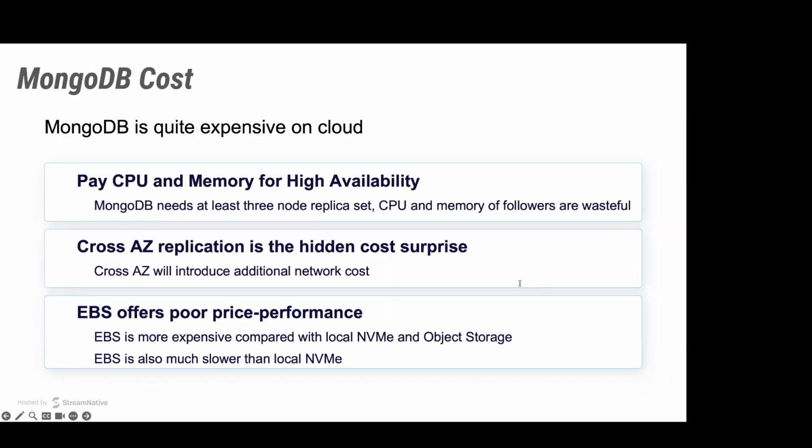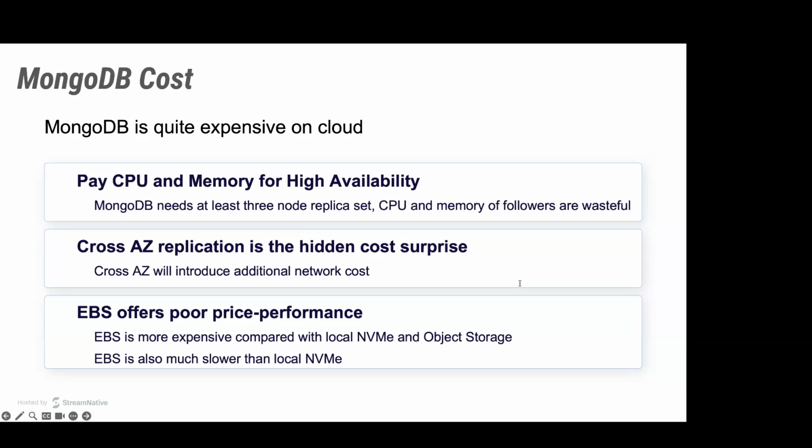And MongoDB is quite expensive on cloud as well. To achieve high availability, Mongo needs 3-node replica sets. The CPU and memory of follower nodes are just used for failover, which is wasteful. Moreover, each replica writes to its own EBS, and EBS is also replicated, which results in write amplification.